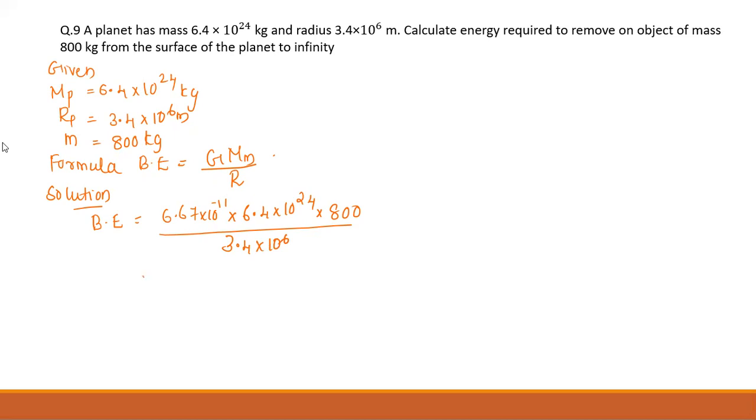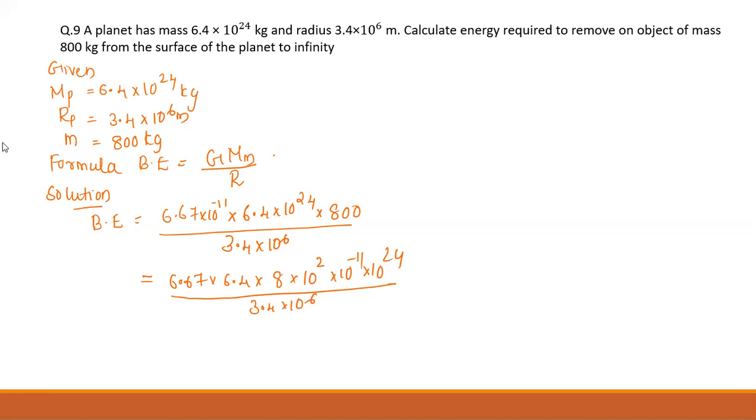That is equal to 6.67 into 6.4 into 800. We can write 8 into 100, so 8 into 100, we can write 10 square, into 10 raised to minus 11 into 10 raised to 24 upon 3.4 into 10 raised to 6 will come.